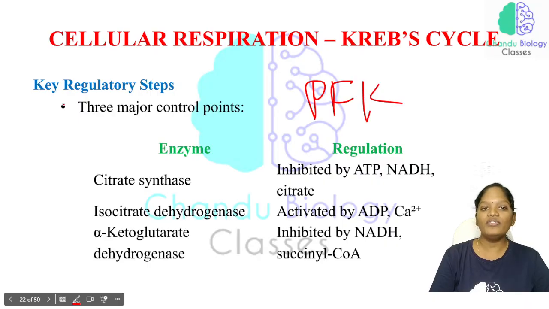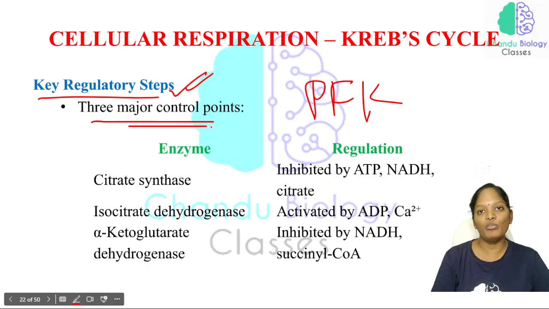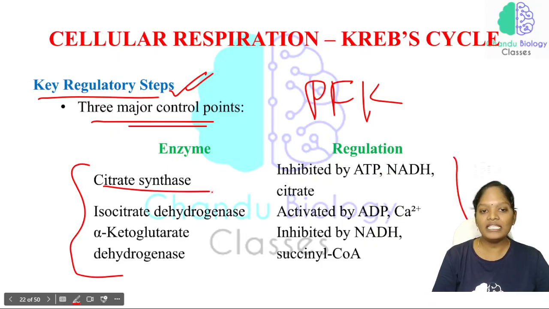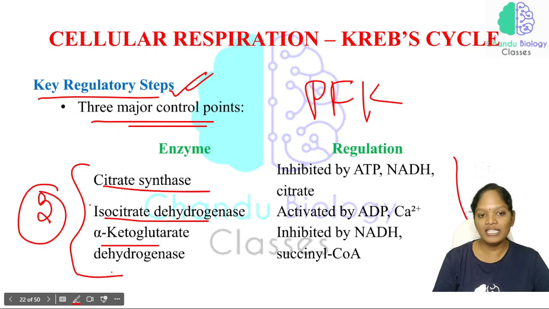So here also we have three key regulatory steps and three major control points in the Krebs cycle. Now what are the enzymes and what is the regulation? Citrate synthase, isocitrate dehydrogenase, alpha ketoglutarate dehydrogenase. These are the three most important enzymes regulating the entire Krebs cycle.